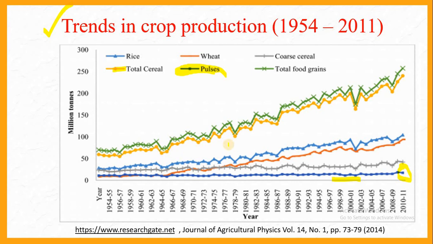Look at cereal production. Okay. So total food grains, combining cereal and pulses, this green is the total food grain. But look at the yellow curve, which has increased so high, so fast. But pulses, which were probably very near to cereals, have not grown that much. So the government of India has been giving a lot of encouragement for the growth of pulses. They want to increase the growth of pulses also.